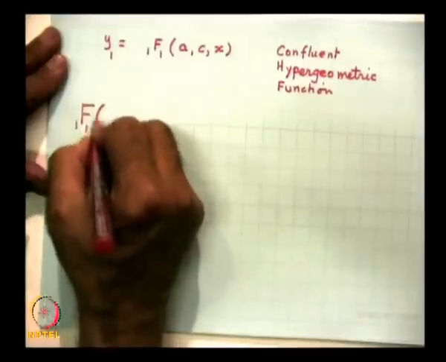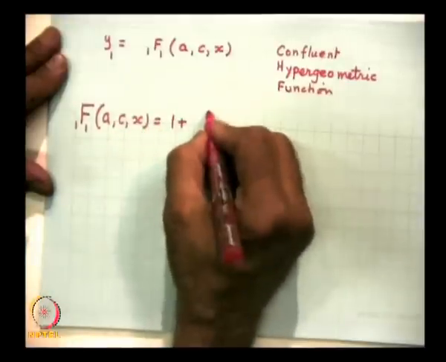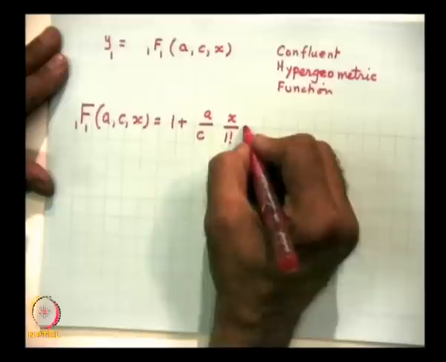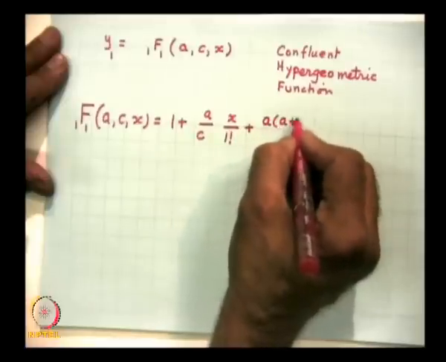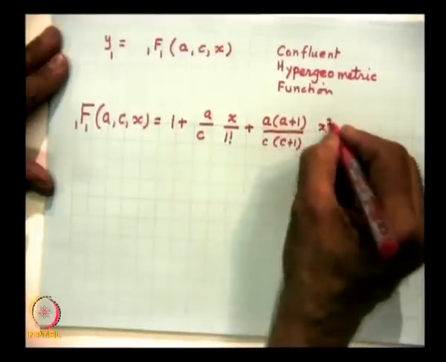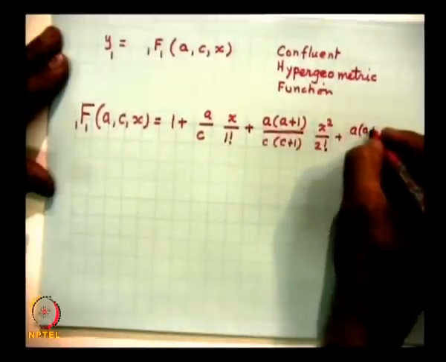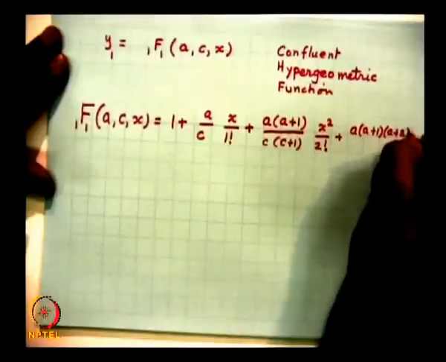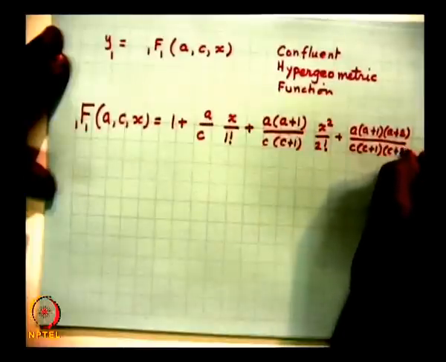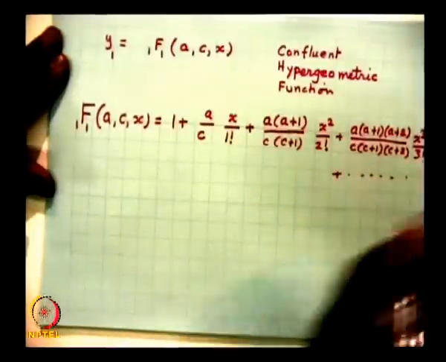So f11 a comma c comma x is equal to 1 plus a by c x by factorial 1 plus a into a plus 1 by c into c plus 1 x square by factorial 2 plus a into a plus 1 into a plus 2 by c into c plus 1 into c plus 2 x cube by factorial 3 plus, this is an infinite series.